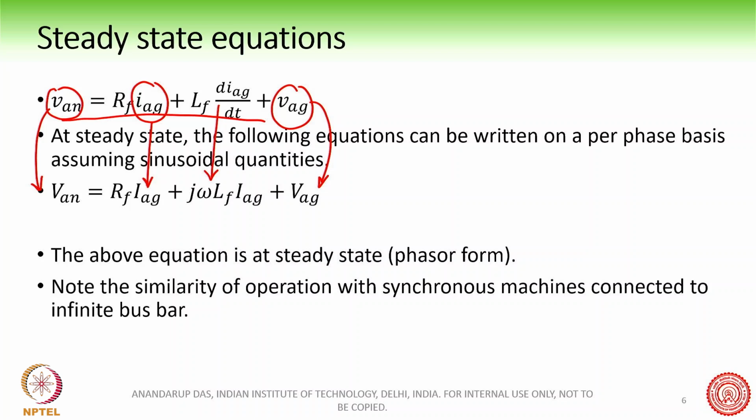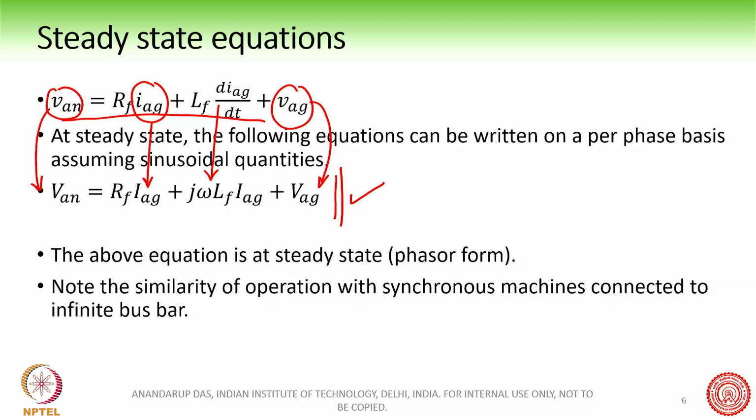When we want to analyze the grid connected VSC, we always use this equation at steady state. If you understand it, it will immediately lead us to how we actually transfer energy between the converter and the grid.